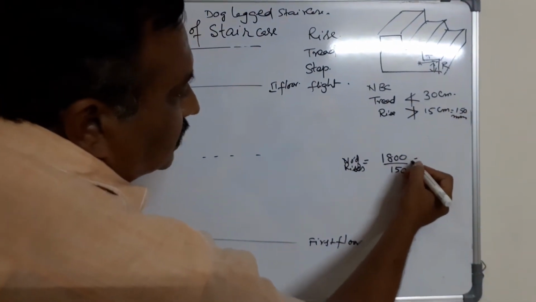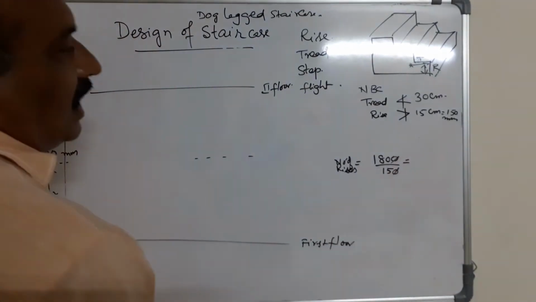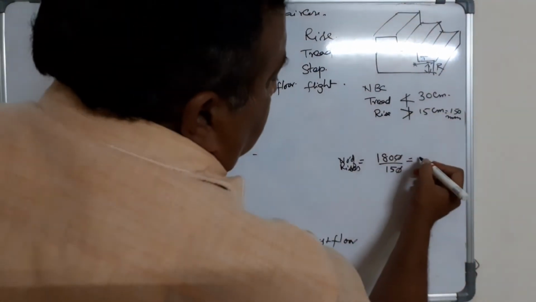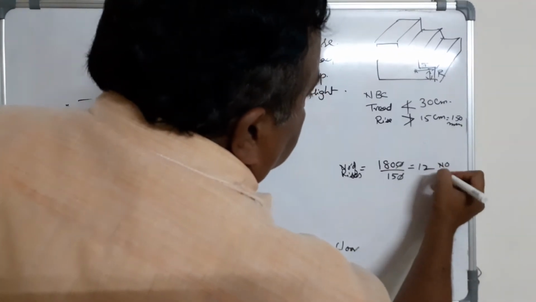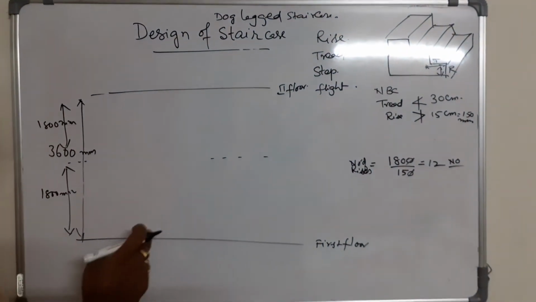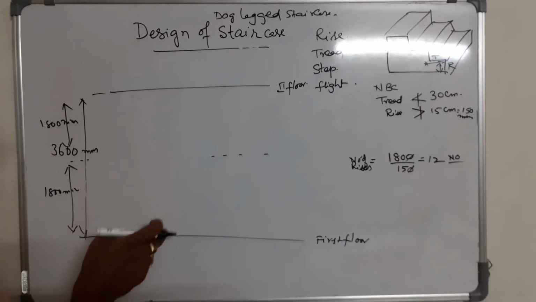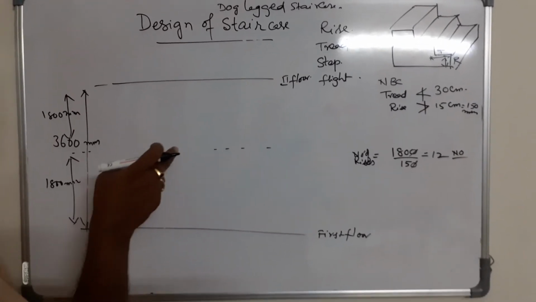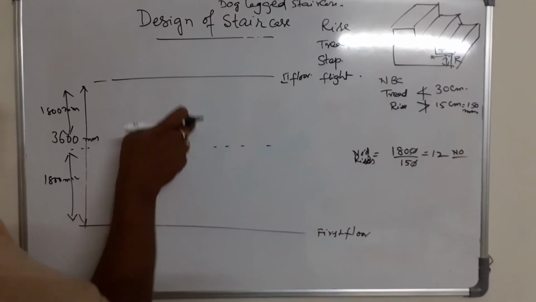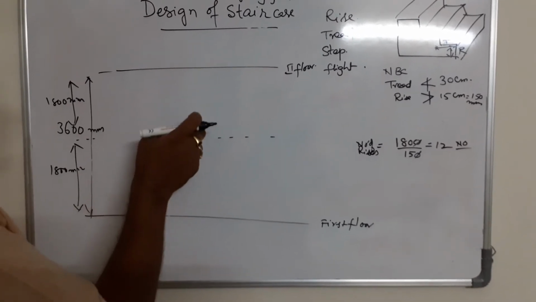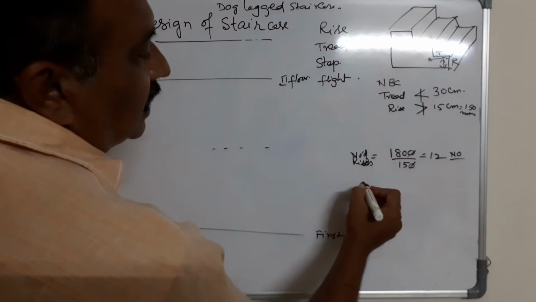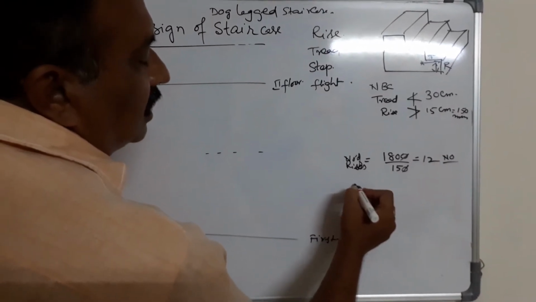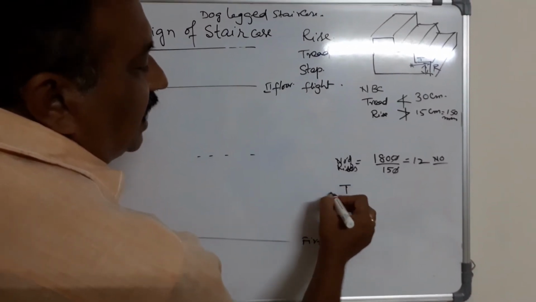Here I get 12. So I need 12 rises for this first flight, and for the second flight also I need 12 rises.